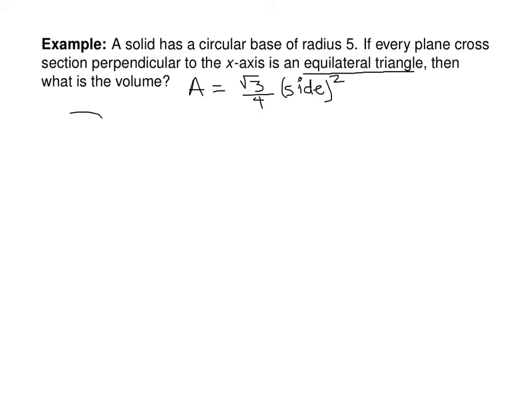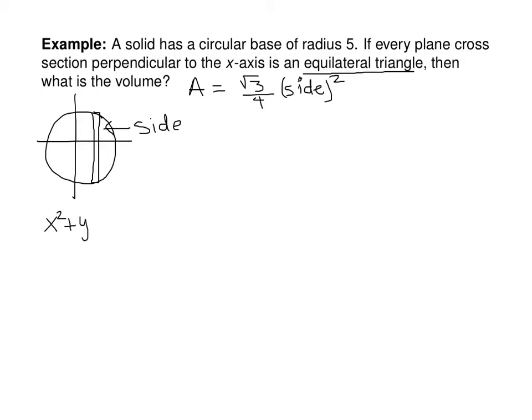So we have a circle of radius 5, and when we slice perpendicular to the x-axis, we get equilateral triangles. If I can find the length of this, that is the length of my side. A circle of radius 5 has the equation x squared plus y squared equals 25.